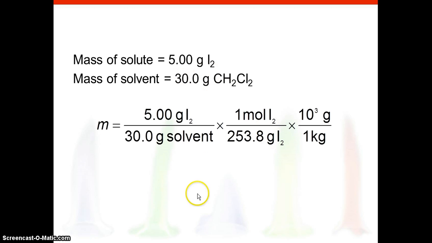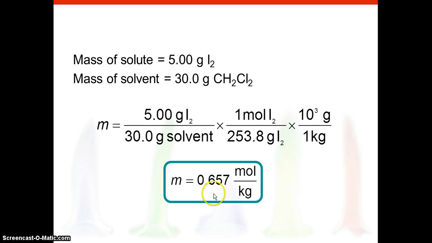And we have 30 grams of CH2Cl2, which is the solvent, and we convert it into kilograms by multiplying by the unit conversion factor. When you convert 30 grams to kilograms and when you convert these 5 grams into moles, you can calculate molality, which is 0.657 moles per kilogram.